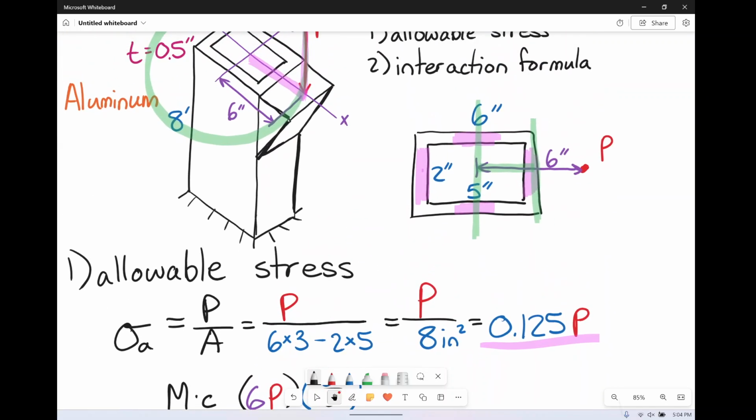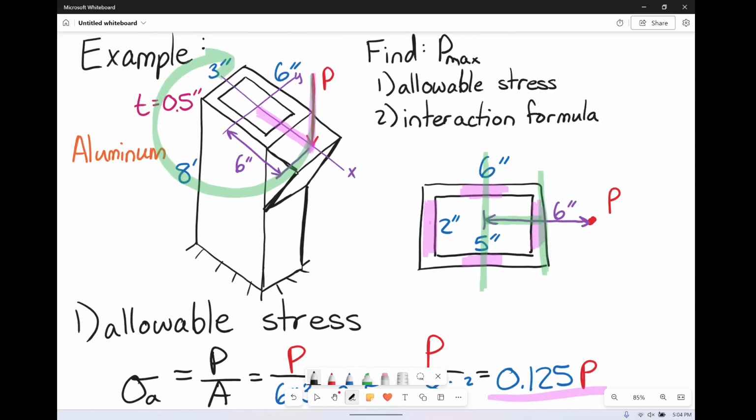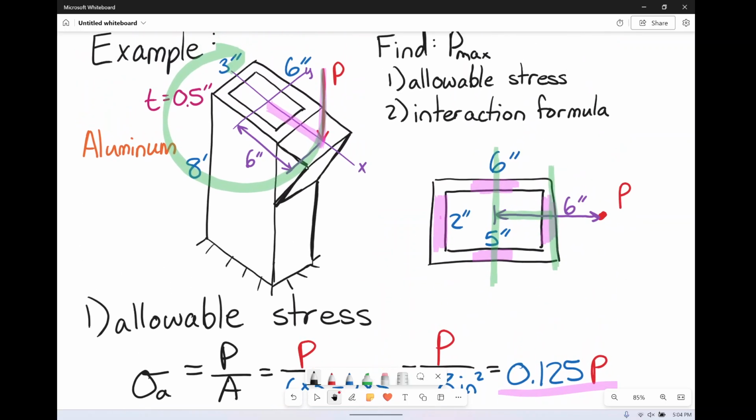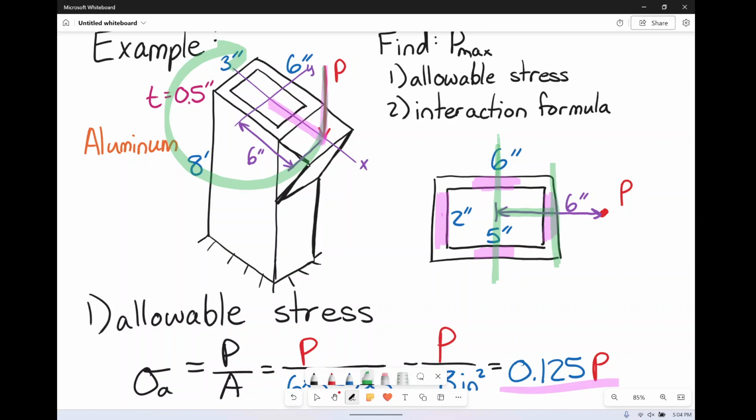Again, we just said that it was I about the y-axis that we're bending. So again, we need to do 1/12 the base times the height cubed, but we are doing the y direction. The base about this vertical y-axis is going to be parallel to that line.